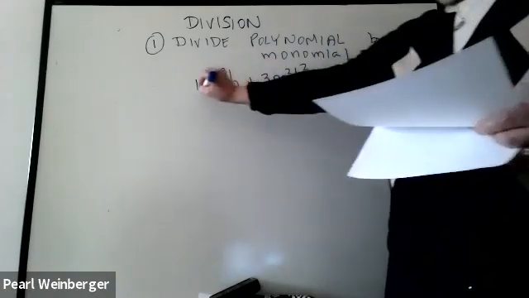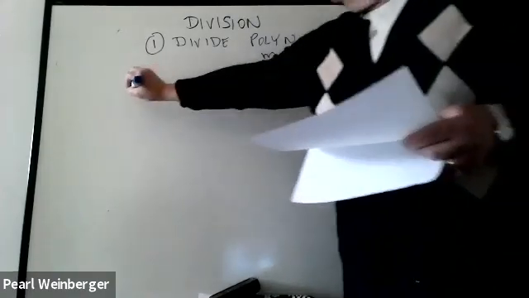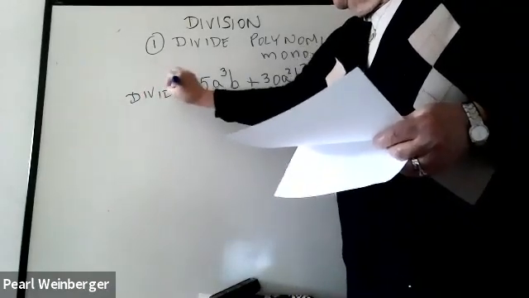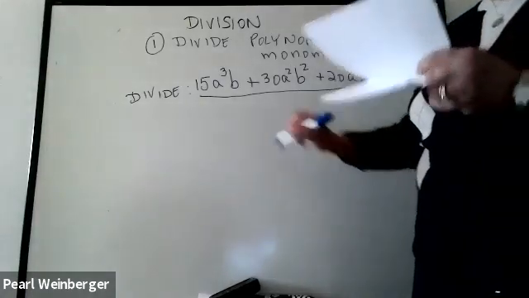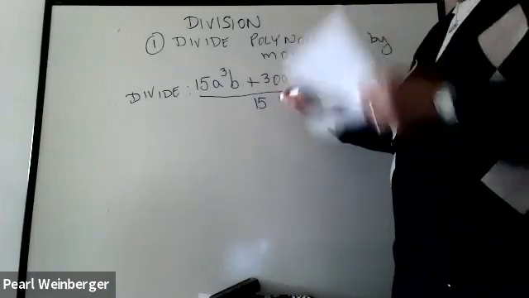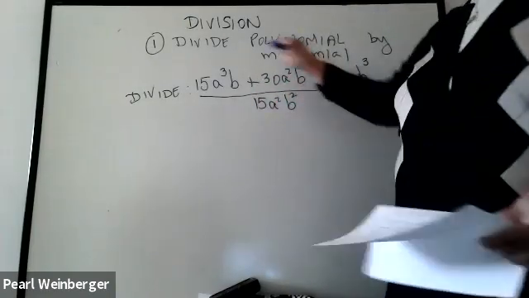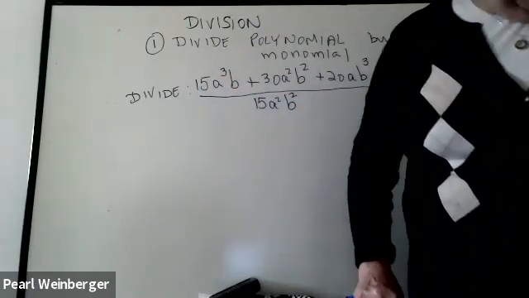So we have a trinomial here that we want to divide, and it specifically says divide. Doesn't say reduce, it says divide. Even though we're writing it as a fraction, it is a division problem. We want to divide it by 15a squared b squared.